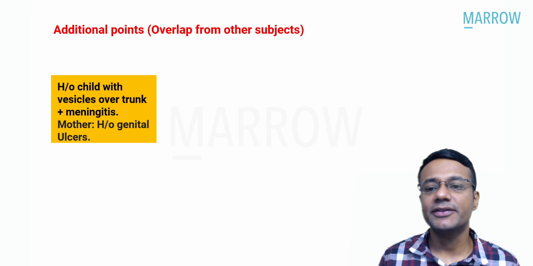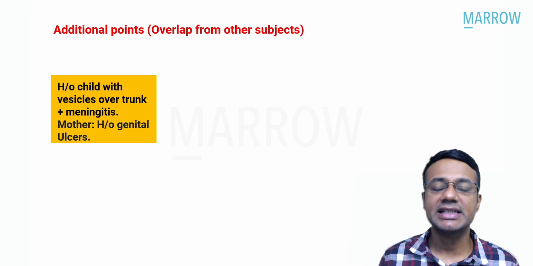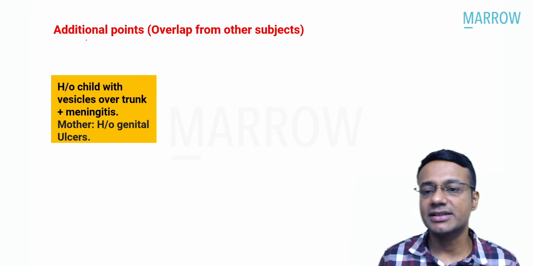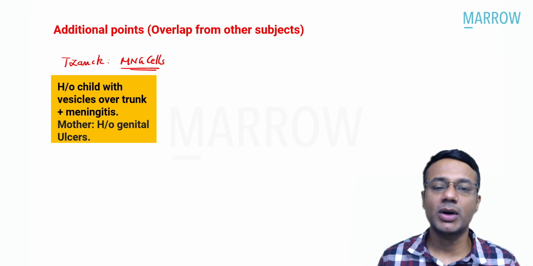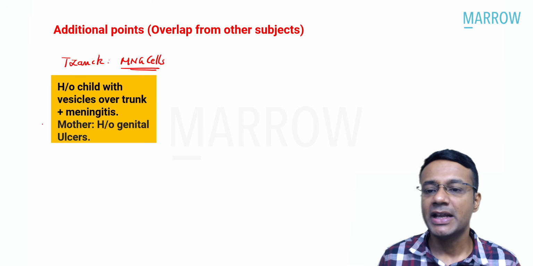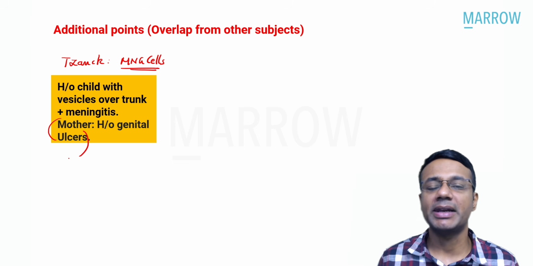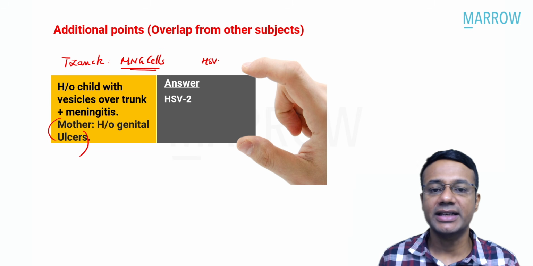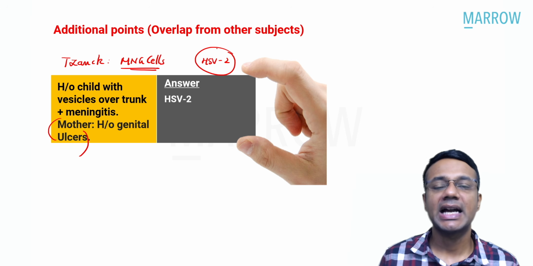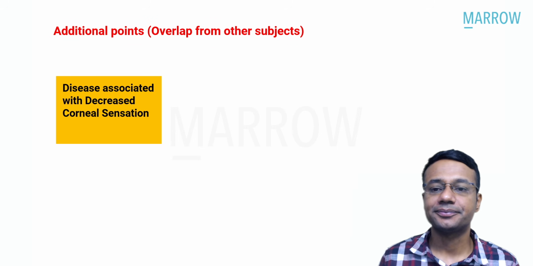Next, there was another question which was pertaining to a history of a child with vesicles on the trunk and meningitis, and the mother who had history of genital ulcers, with even a point being mentioned that the Tzanck smear showed multinucleated giant cells. So we know that multinucleated giant cells can be seen in HSV1, 2, and varicella zoster virus. With the mother having history of probably painful genital ulcers, we can consider the diagnosis of the organism as HSV2, as genital herpes, which is now presented in the child with vesicles over the trunk.